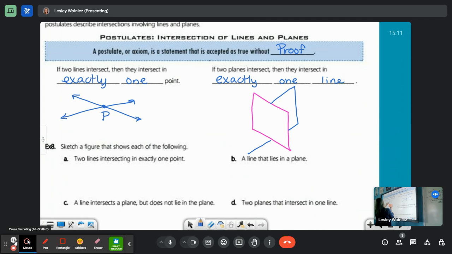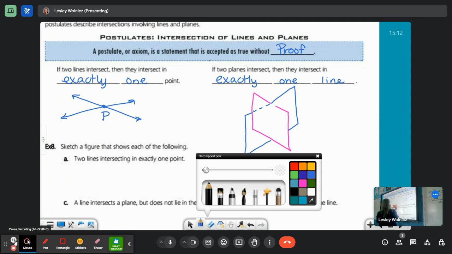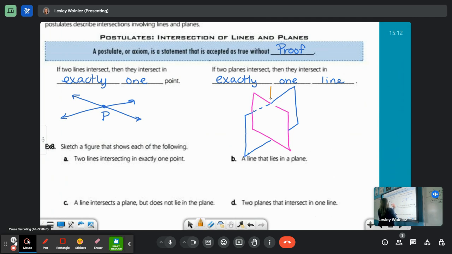Oh, my brain just died. Okay, so I have to decide which one is going to go in front. I think I picked the pink one and then messed it up. So where the blue plane passes behind the pink plane, I'm going to dash it, to show that it's back there, but I can't see it through my pink plane. I'm going to do their intersection orange. They're intersecting in this line.